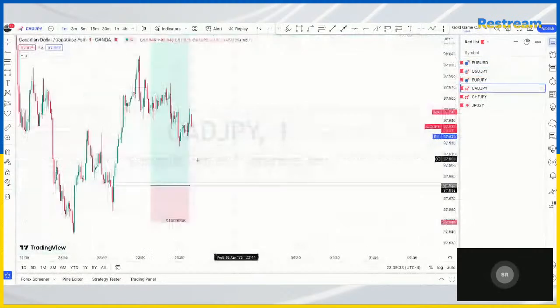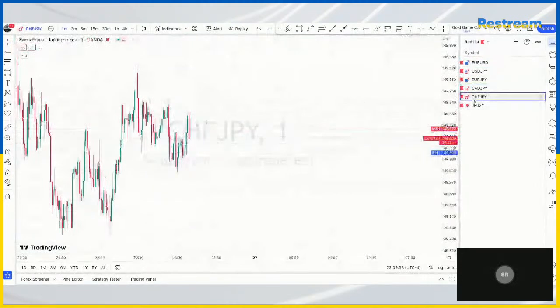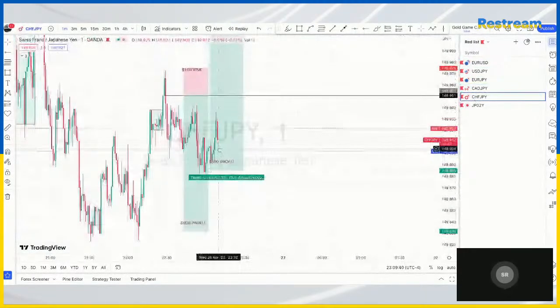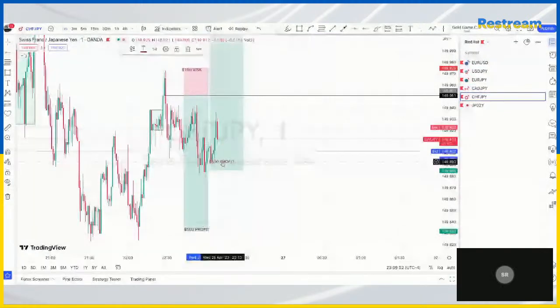This one, CAD JPY, is slowly dropping, super slowly, but it is dropping. And this one went back a bit, and now it's coming back down. So again, we just have to wait on all these trades, and we'll see how they do.